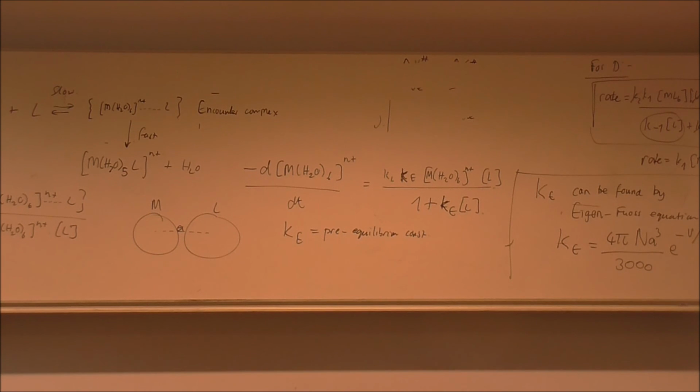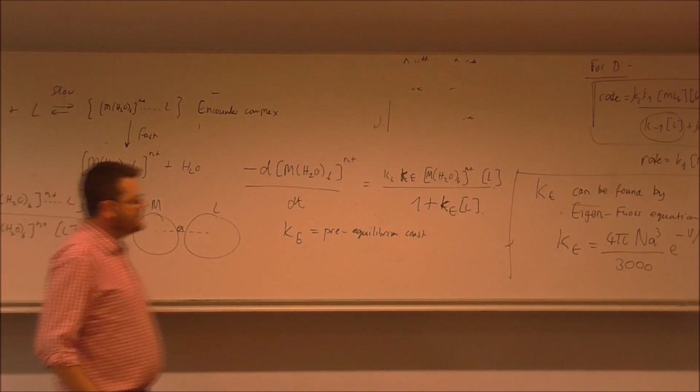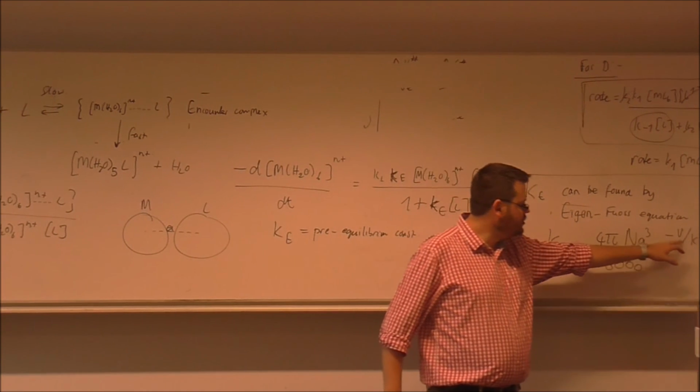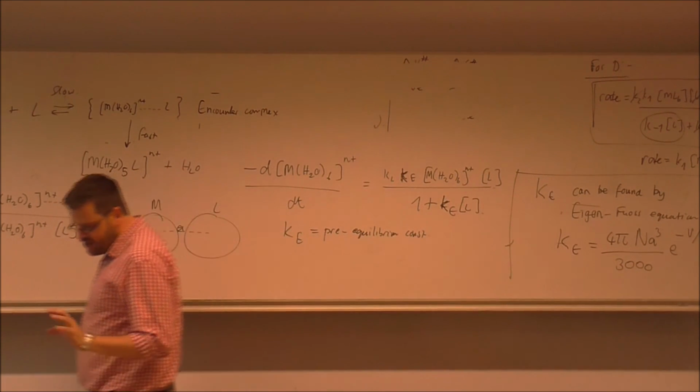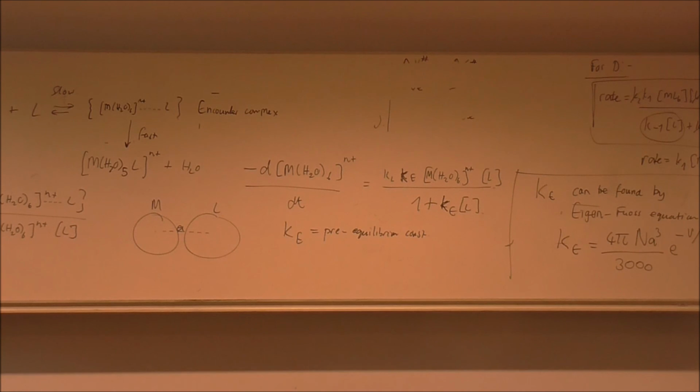Now the other thing that the Eigen-Fuoss equation has is V, this electrostatic potential between the two species, and that depends on the charge and stuff like that. So there are two things that the Eigen-Fuoss equation takes into consideration: the size, in other words, the distance of closest approach between the ligand and the metal, and the electrostatic potential.